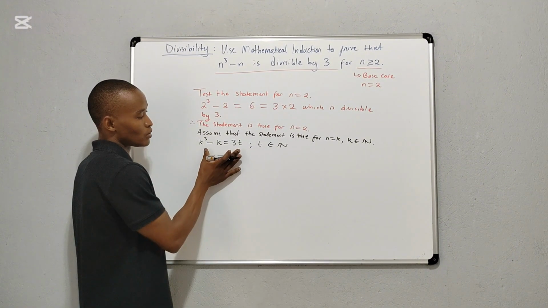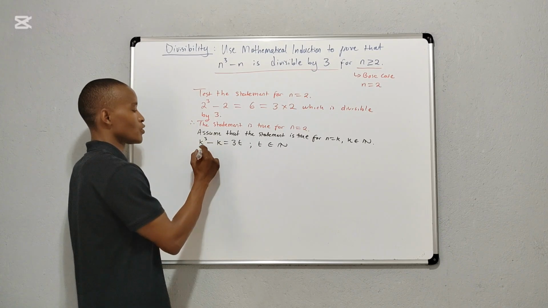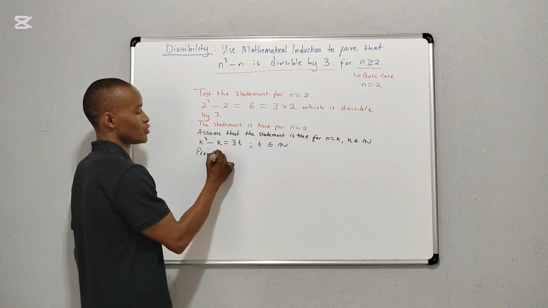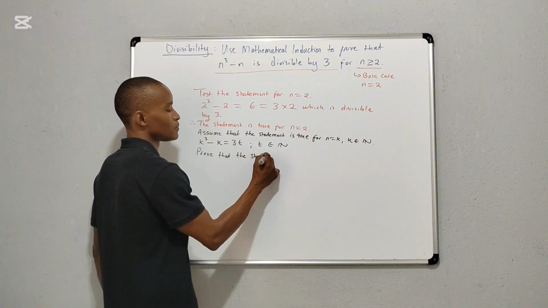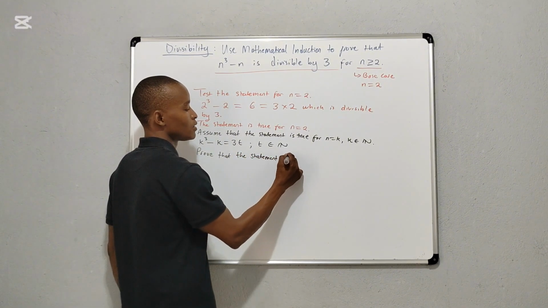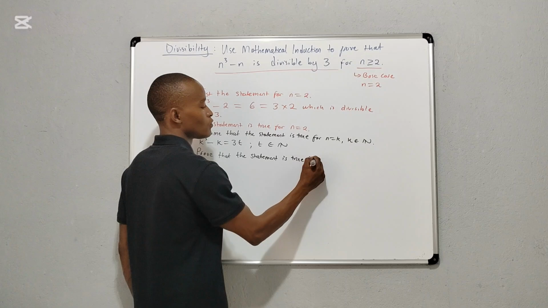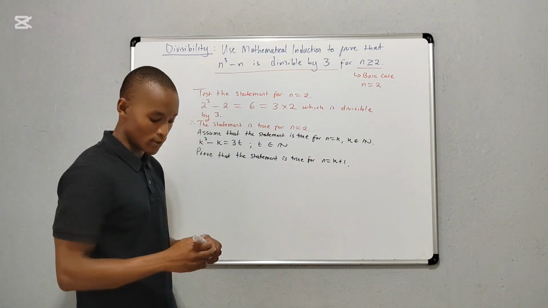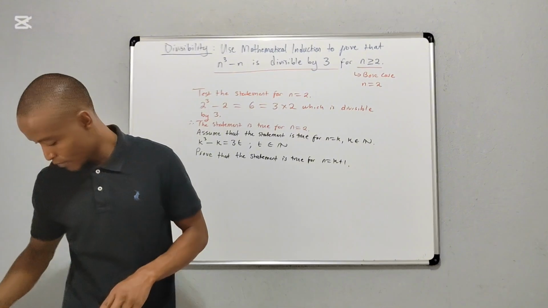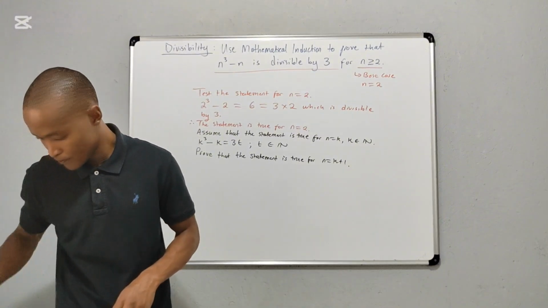Right. So this is the inductive hypothesis. Are we ready to prove? Yes, so prove that the statement is true for n equal to k plus 1. Okay, so now let's do that.